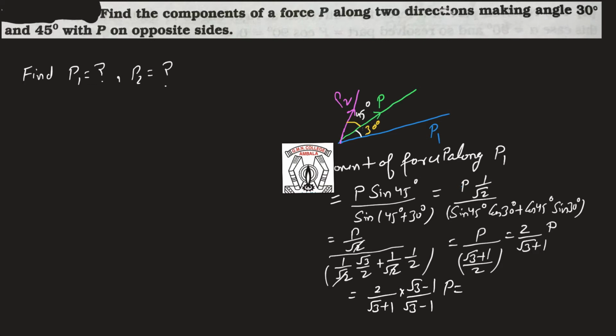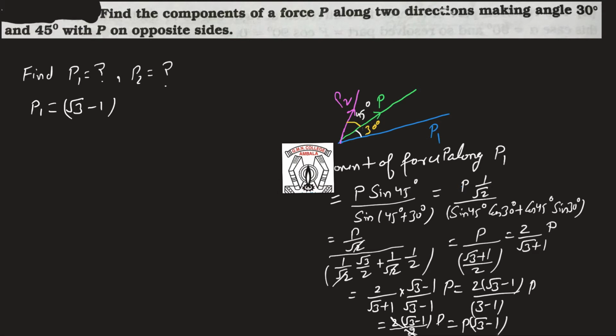Here it will be root 3 minus 1 divided by, this will become the formula (a plus b)(a minus b), so it will be 3 minus 1, times P. So this will be 2 times (root 3 minus 1) divided by 2, times P. 2 and 2 will cancel out. So P times (root 3 minus 1). So this is P1. We have calculated it as (root 3 minus 1) P.